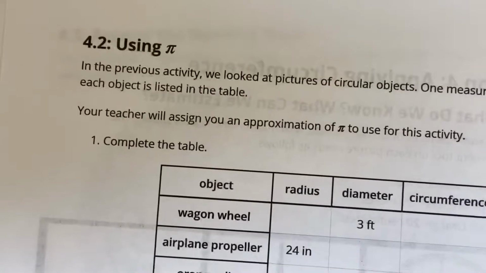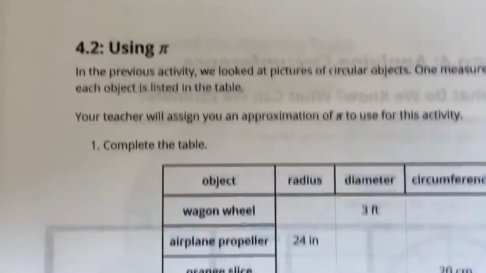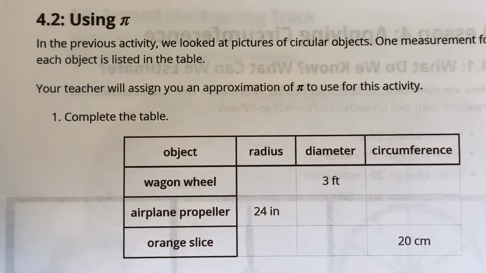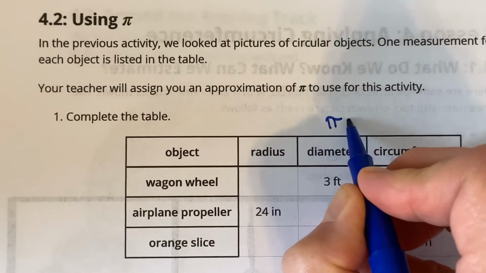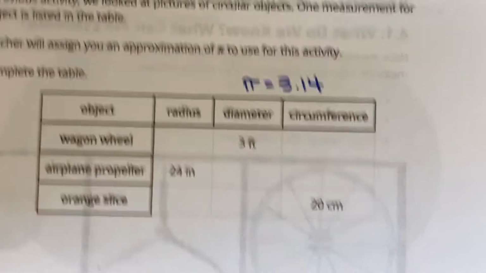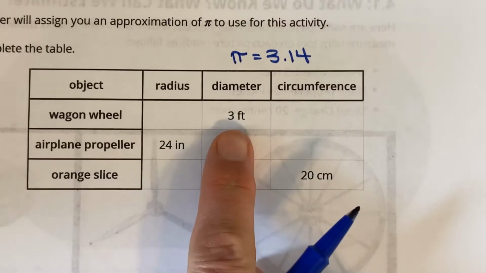All right, on this side, we're not going to do this whole thing. We're going to do this page, and we're going to do kind of the same thing. It says, in the previous activity, we looked at pictures of circular objects. I'm not going to assign you an approximation for pi. We're going to use 3.14. It's the most commonly used one. So we just did this.